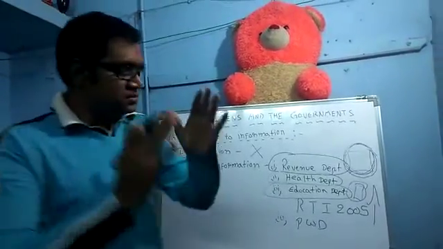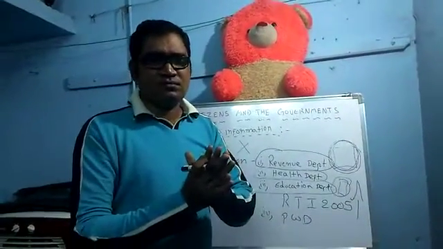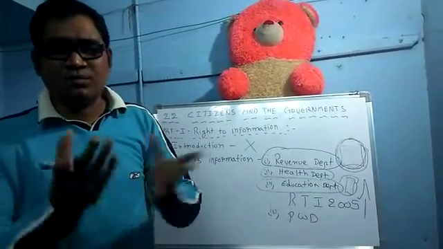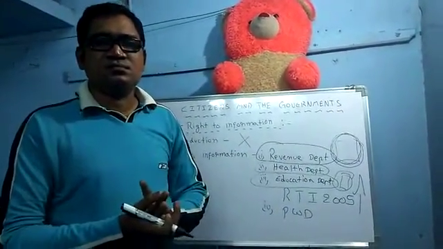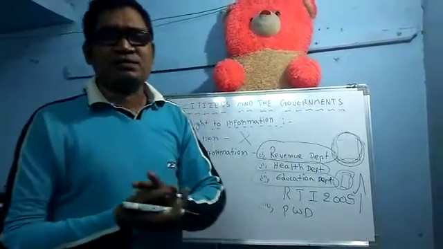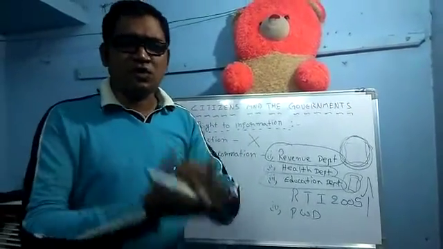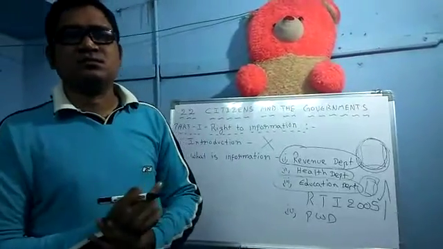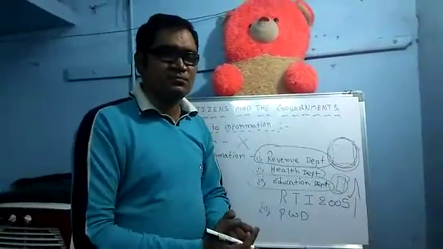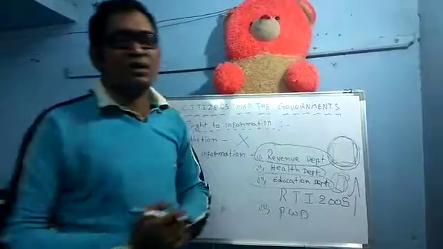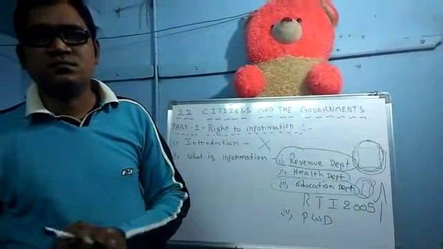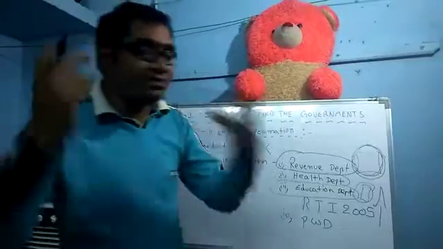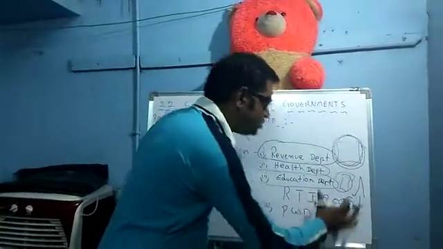I mean, some formats: computer formats, Excel formats, mail formats, documents, memos, logs, reports, so many formats given. Those formats only they have to follow, which are given by the RTI Act 2005.